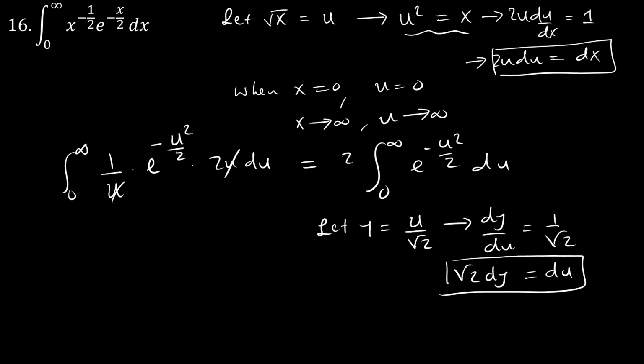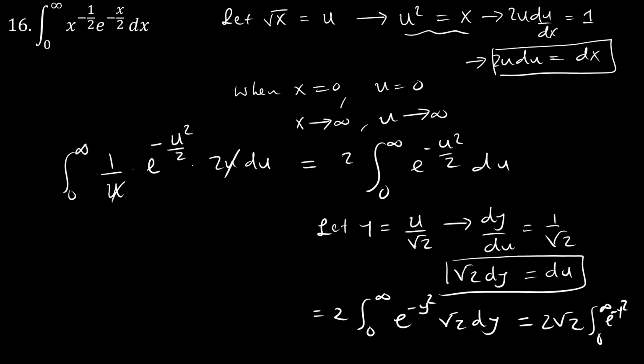And then the limits would remain the same, so the problem now becomes twice the integral from 0 to infinity of e to the power negative y squared times square root of 2 dy. And this becomes 2 root 2 times the integral from 0 to infinity of e to the negative y squared dy.